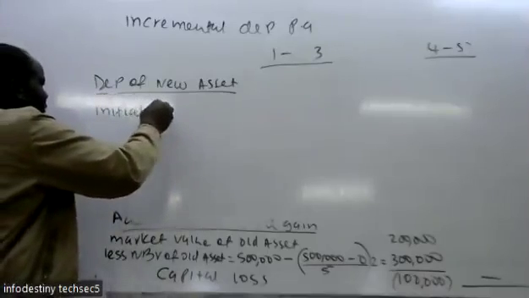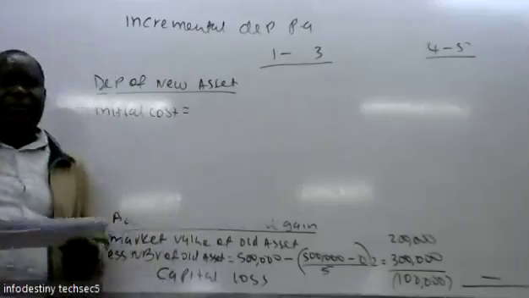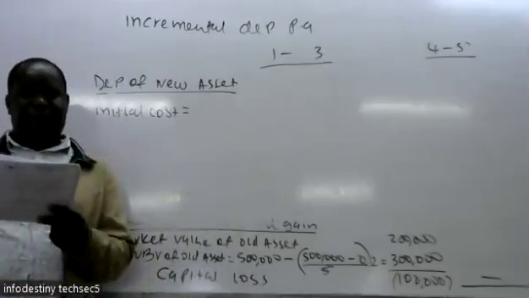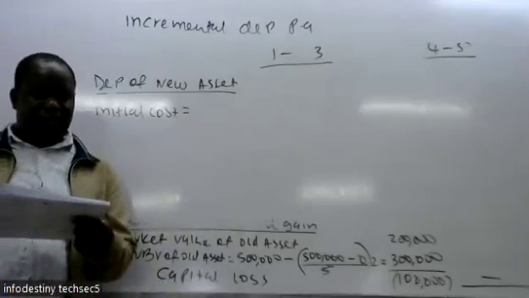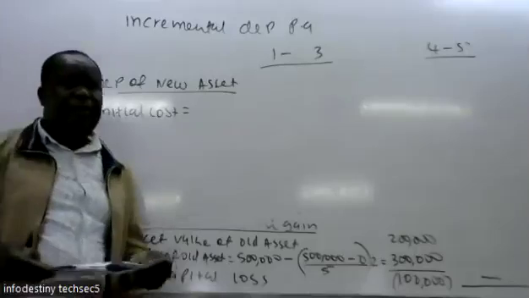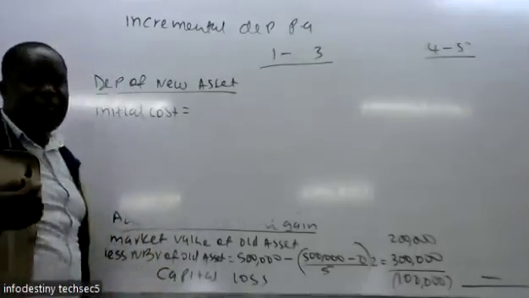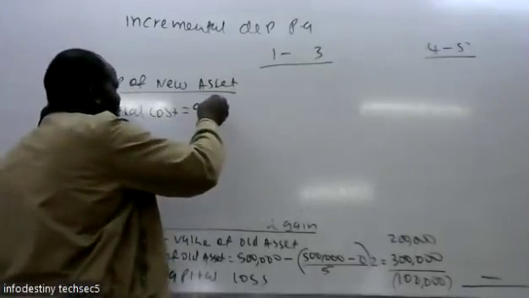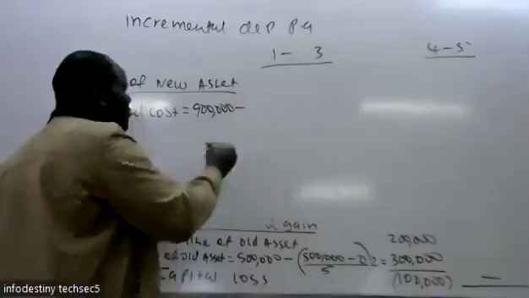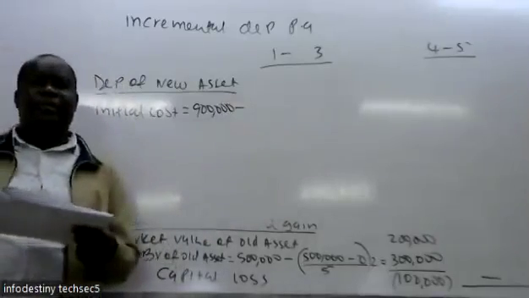That initial cost is the one for the new machine. We calculated the total initial cost in step number 1. You can see the 900,000, and that is what we are required to depreciate.